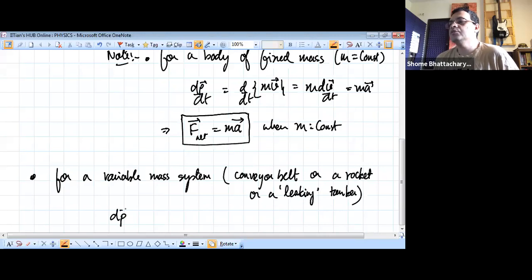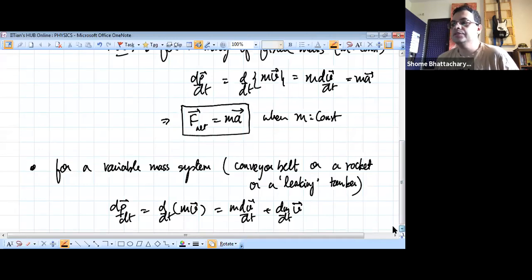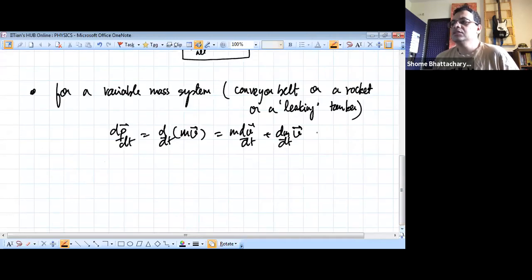The rate of change of momentum has to be calculated by the product law of differentiation. That becomes m dv by dt plus dm by dt, the rate of change of mass, into velocity. Yeah, that's correct. Okay. So this is a point to keep in mind.